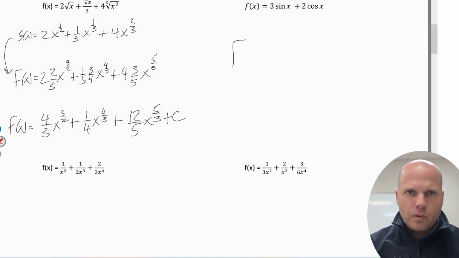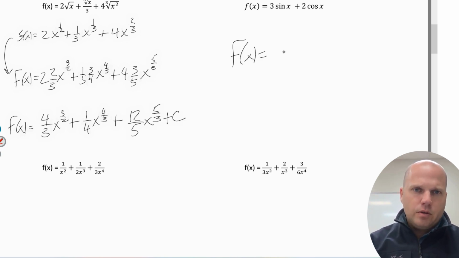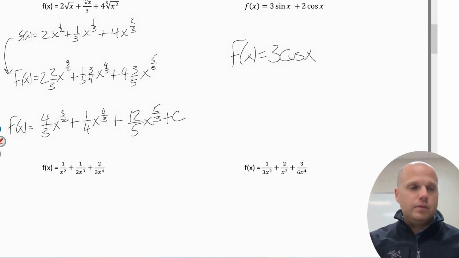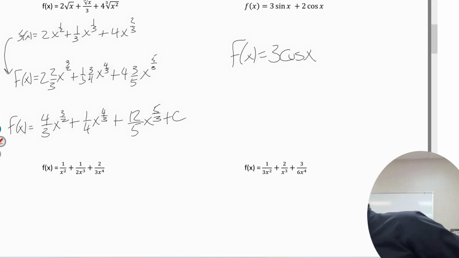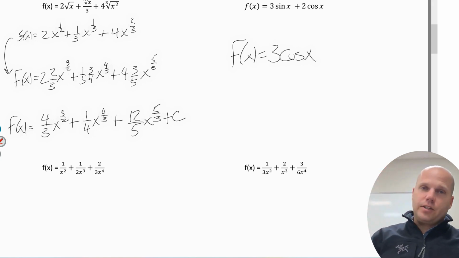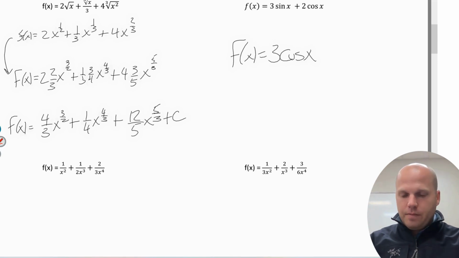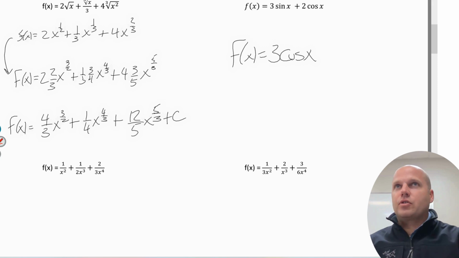You're good. You need to remember, cosine's derivative is actually negative sine. And the constant stays. Like 3 sine's derivative is 3 cosine.